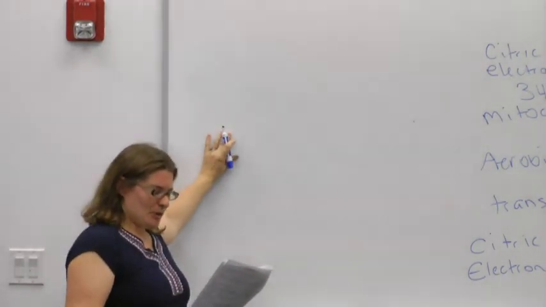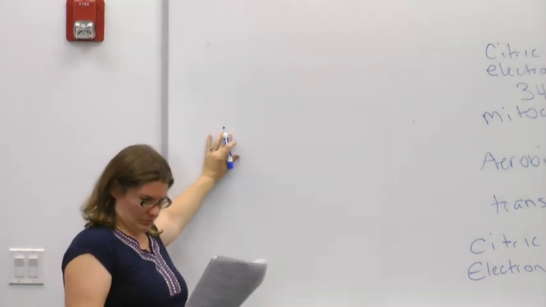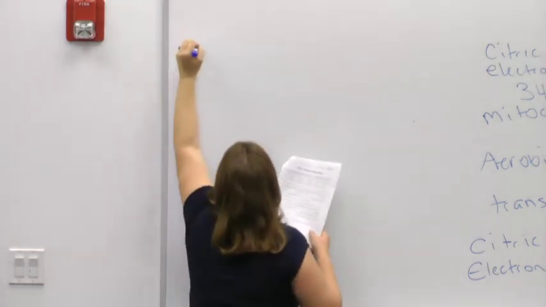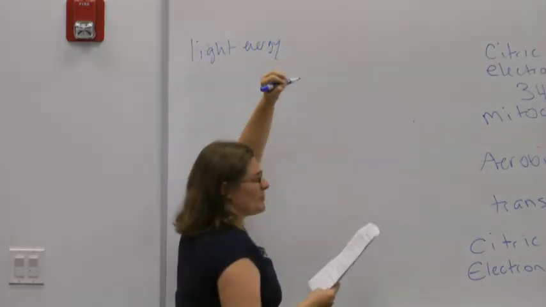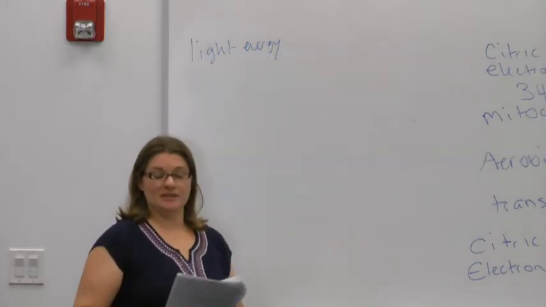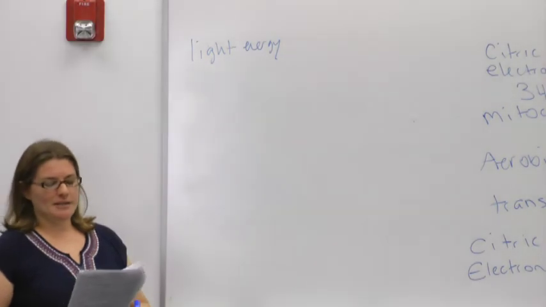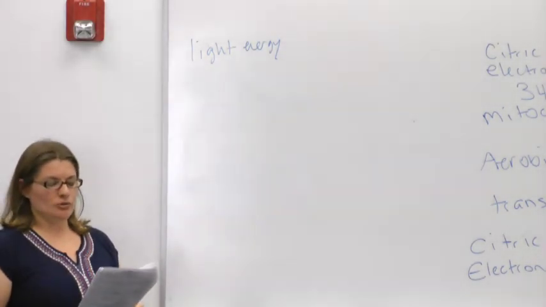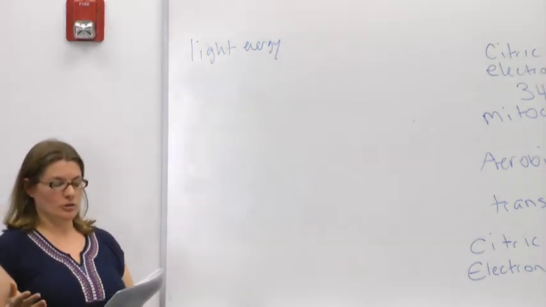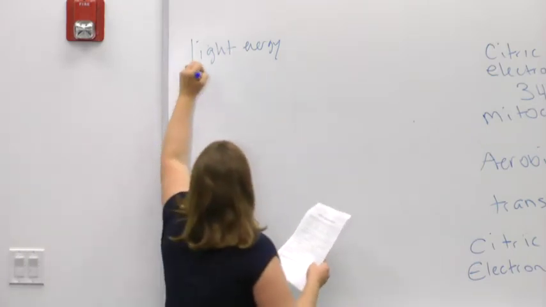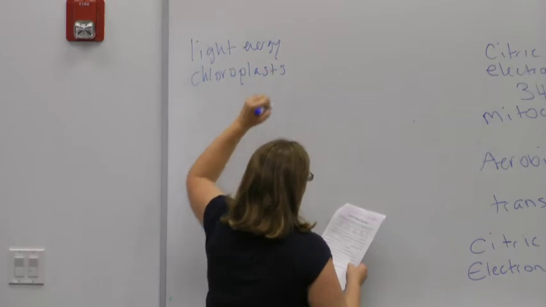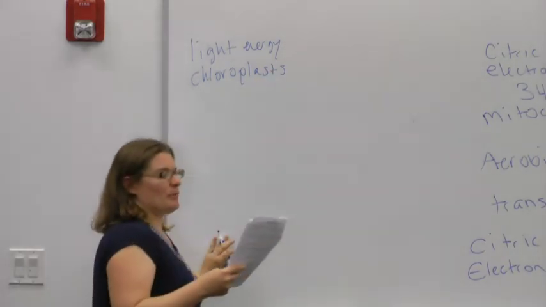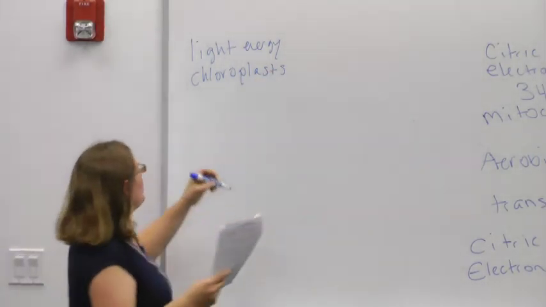The process by which plants use light energy from the sun to make food is called photosynthesis. This process occurs within dark green structures that are called chloroplasts, which lie within a plant's leaves.